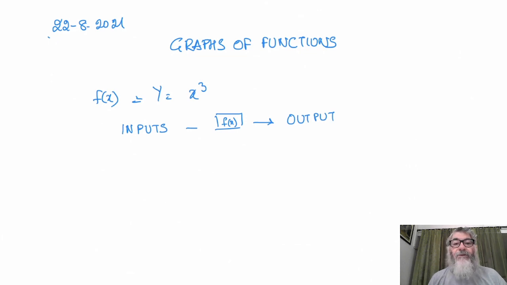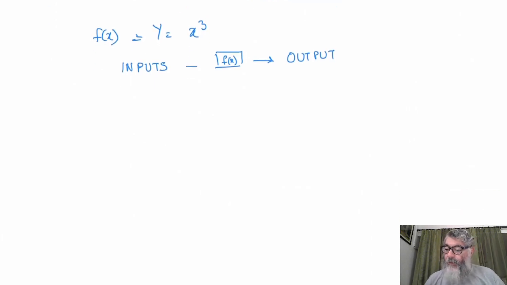Now today we are going to deal with the first function, y is equal to x cube, or f(x) is equal to x cube. Now if it was f(x) is equal to x square, whatever values of x I give, I'll always get positive, because when you square a negative value, you get a positive value.